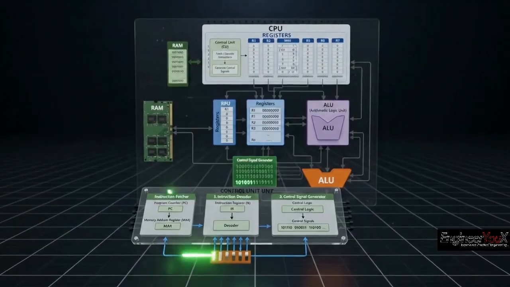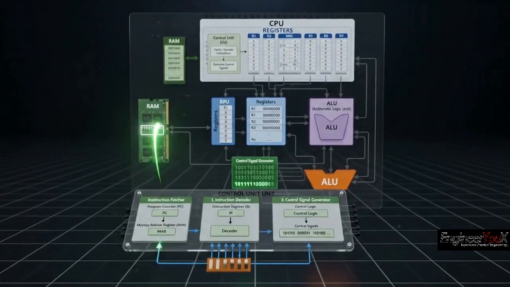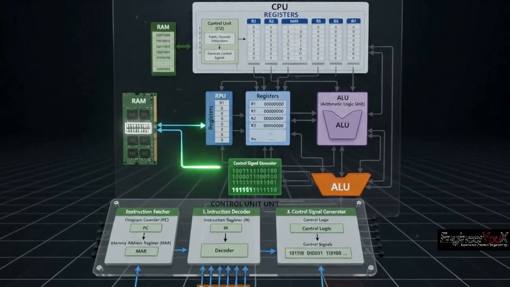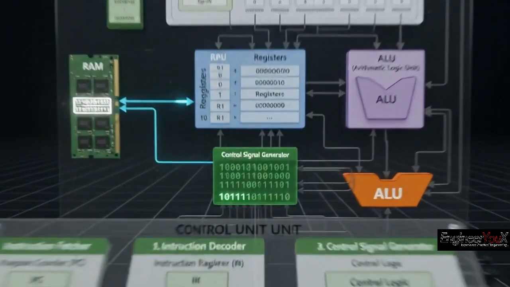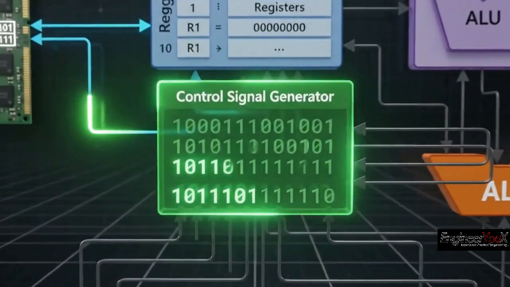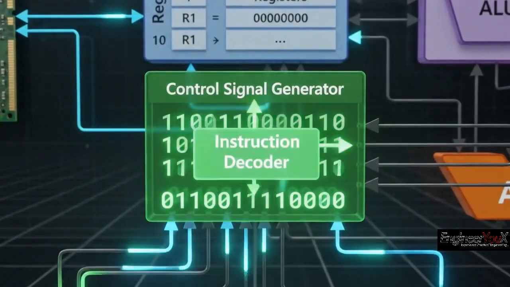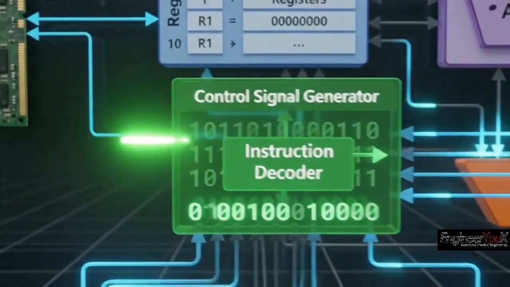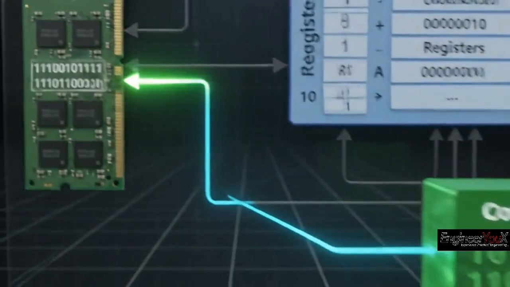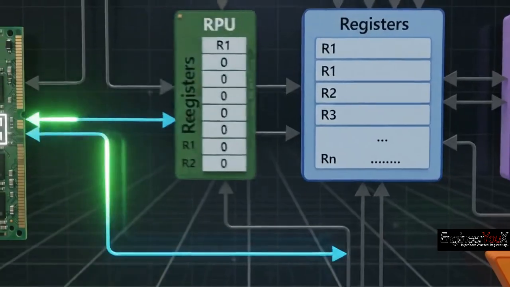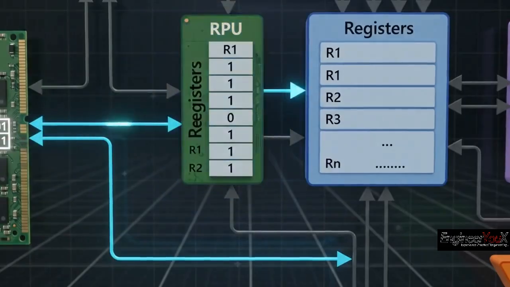The control unit works in a continuous cycle. It first fetches the next instruction from RAM and decodes it to determine the required operation. It then generates the necessary control signals, loads the data into registers, and instructs the ALU to execute the operation. Once complete, the result is stored in a register and written back to RAM if needed.